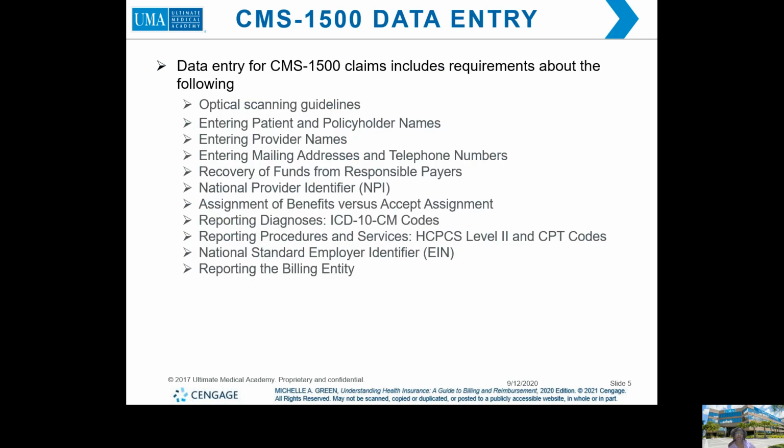So there's other requirements that you have to know about for the CMS 1500. How do you enter the patient name and the policyholder name? Well, remember, the policyholder is the person who has the insurance. It's the person who signed up for the insurance. They pay the premium. They are not always the patient.